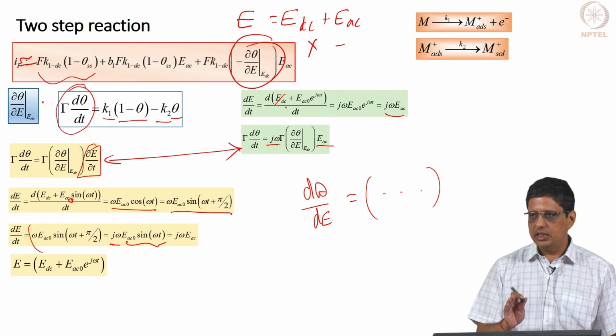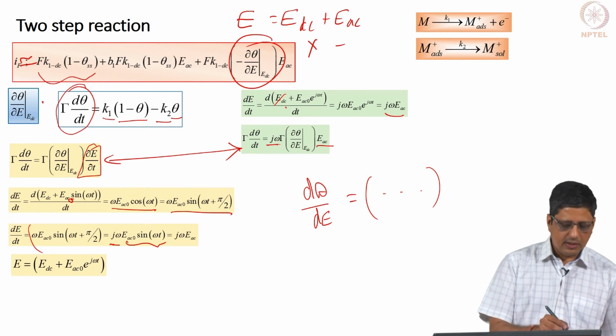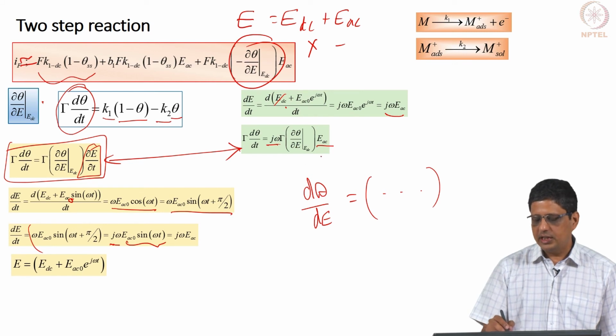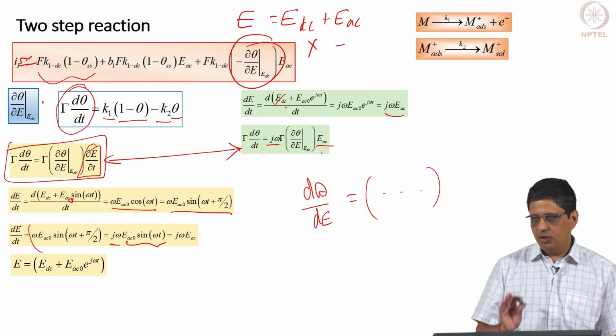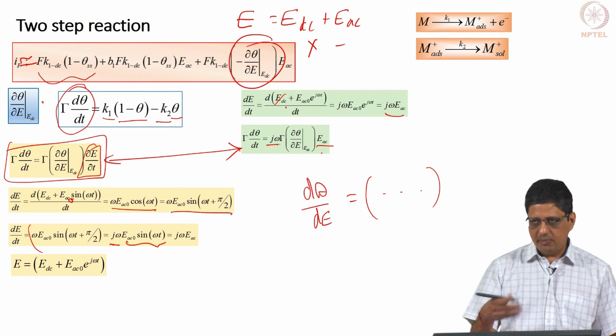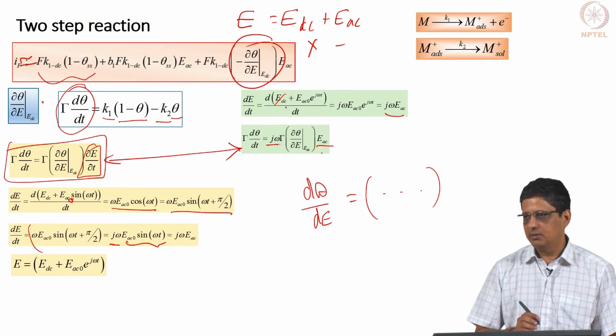As long as you do the algebra correctly, as long as you expand these terms correctly, and as long as you recognize this part can be written as j omega gamma d theta by dE EAC, you will find that regardless of how many steps are there in a given mechanism, how many intermediate species are there, you will be able to write the impedance for all of these.